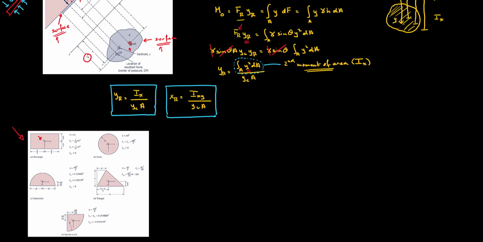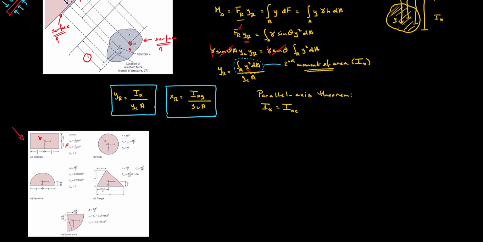So what we need to do is use a concept called the parallel axis theorem, which states that if we are looking for the second moment of area about a certain axis x, it is equal to the second moment of area about another axis where we know its value. So here I'm going to call it IXC, which is the notation used in this table over here.